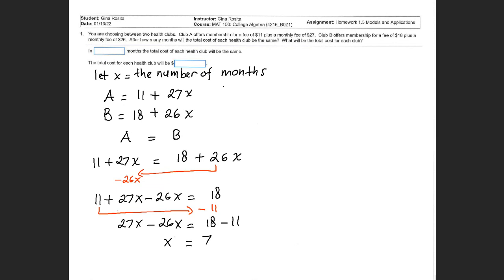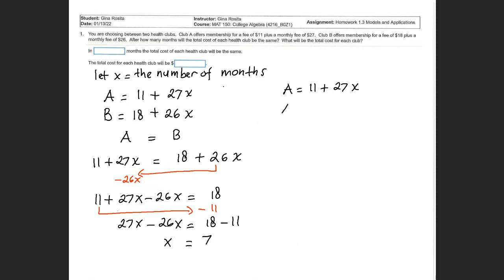They ask the next question: what will be the total cost for each club? Now we can write down over here. I just choose A or B, it is the same, because A equals B. I choose A. A equals 11 plus 27x.